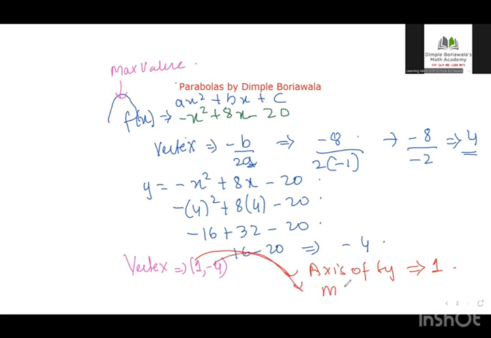Maximum and minimum value is always concerned with the y coordinate. But here, as the equation is negative, we will be getting a downward position parabola or downward position curve. So that's why this will be my maximum value.